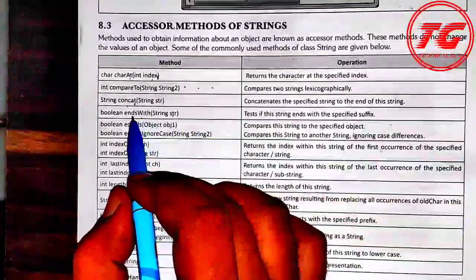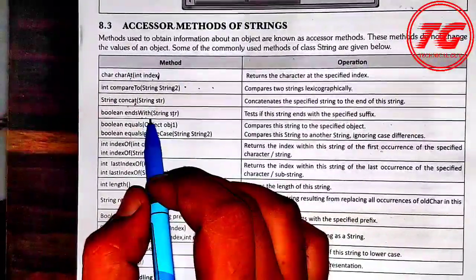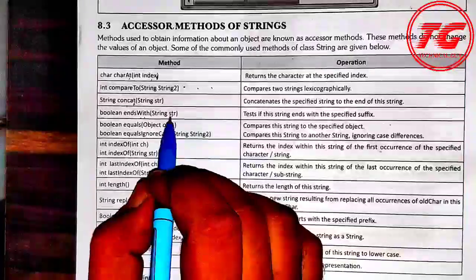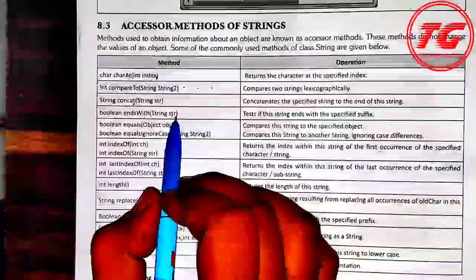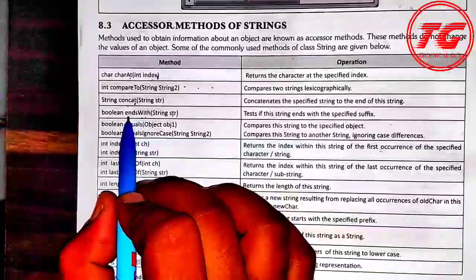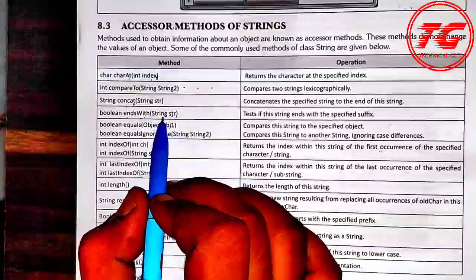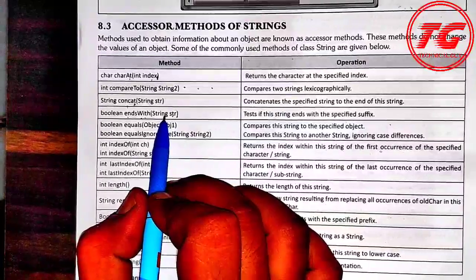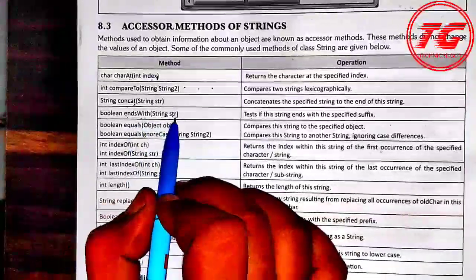Suppose you want to check whether a particular string ends with Java or not. If Java is written at the end of that string, it will return a true value. But if Java is not written at the end of the string, it will return a false value. So this is the endsWith method, and it will check only whether this string ends with a particular string or not.